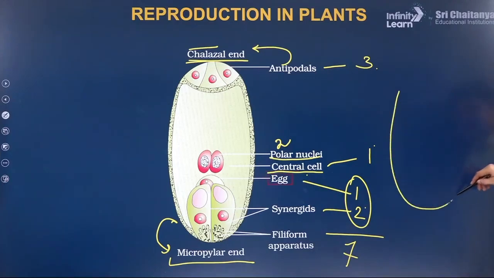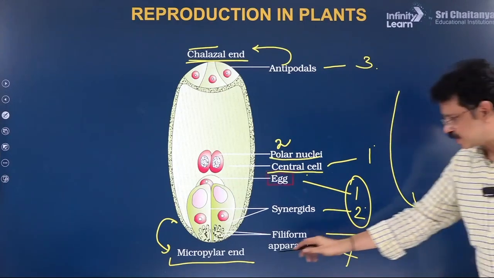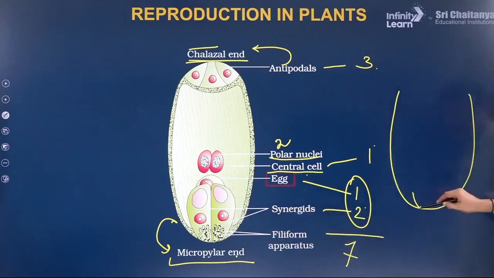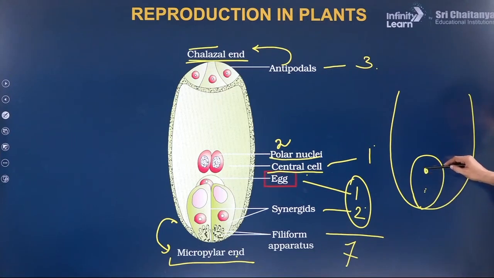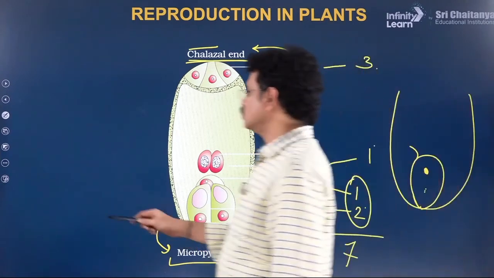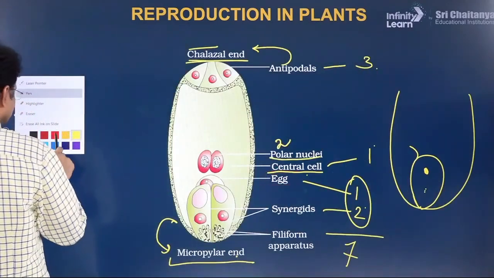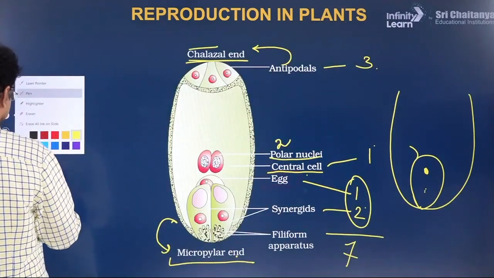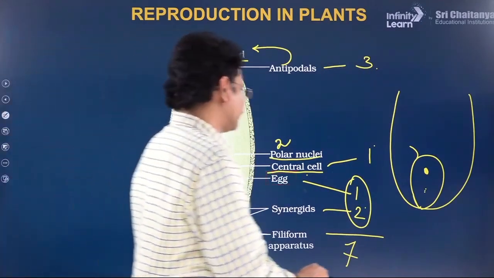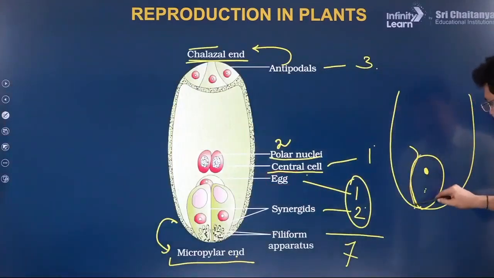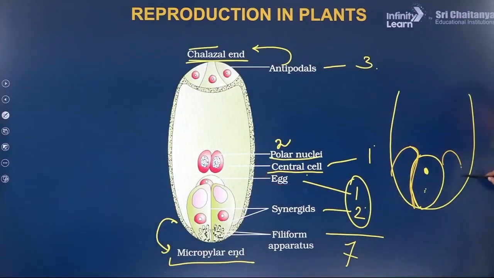And another important thing, in this embryo sac, towards the micropylar side, within the egg apparatus, the central bigger cell is the egg. On either side of the egg, a pair of synergids is present.